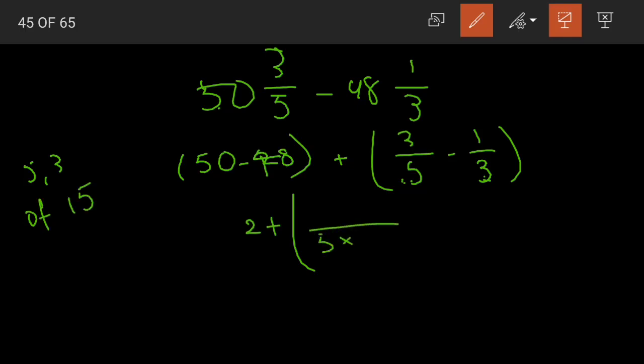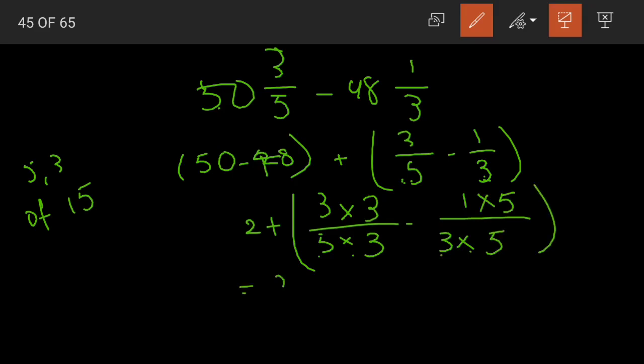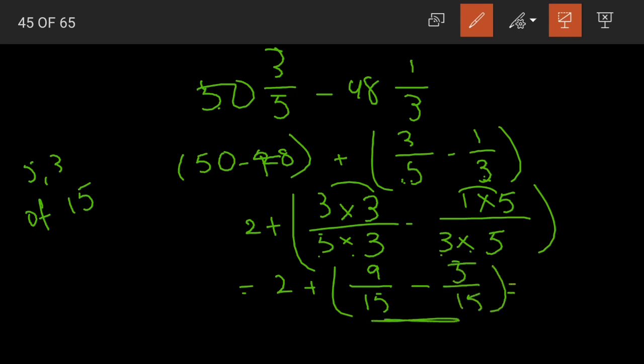We have to convert this into like fractions now. With the denominator 15, we have 5 3s are 15, so multiplying with 3, and 3 5s are 15, so multiplying it with 5. 2 plus 3 3s are 9, minus 1 5s are 5. Now we have two like fractions here, we can go for subtracting them.